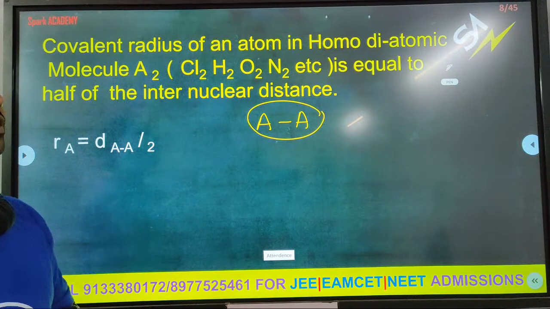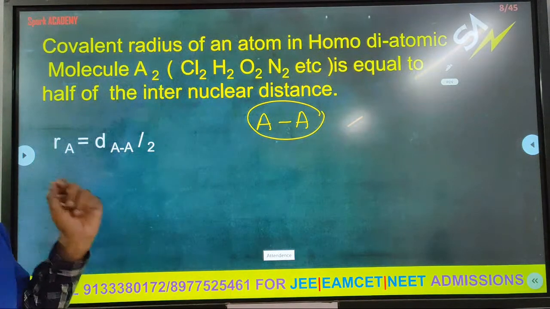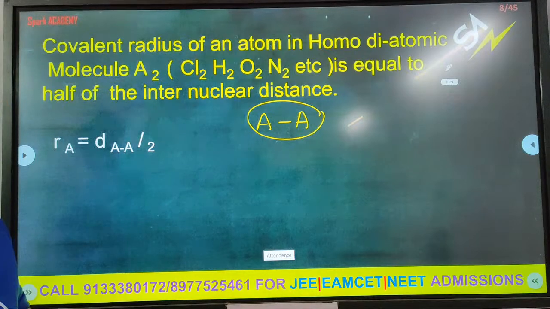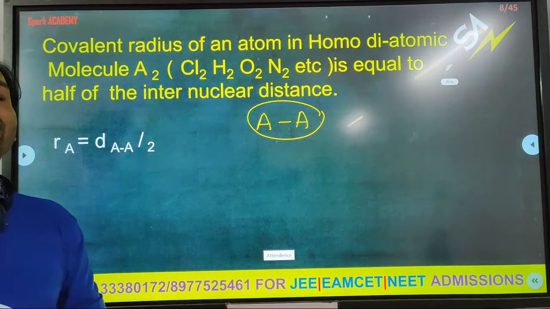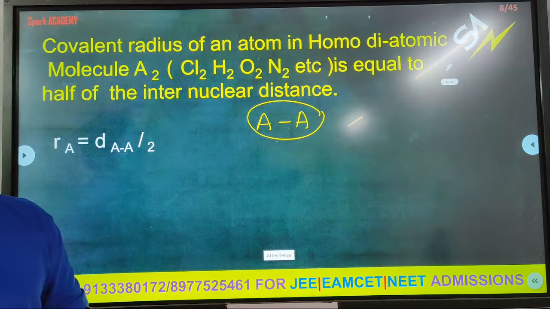In homodiatomic molecules, the covalent radius is equal to half of the internuclear distance between the two atoms present in the molecule.